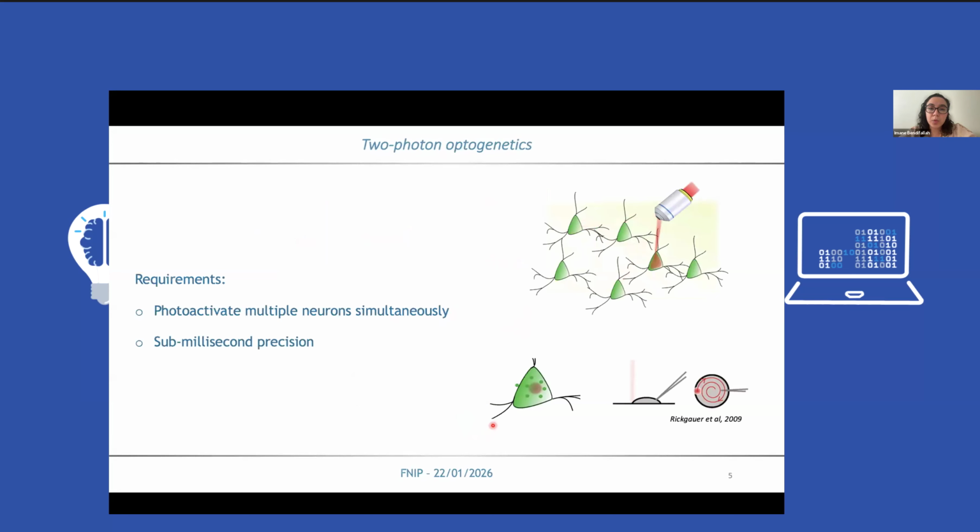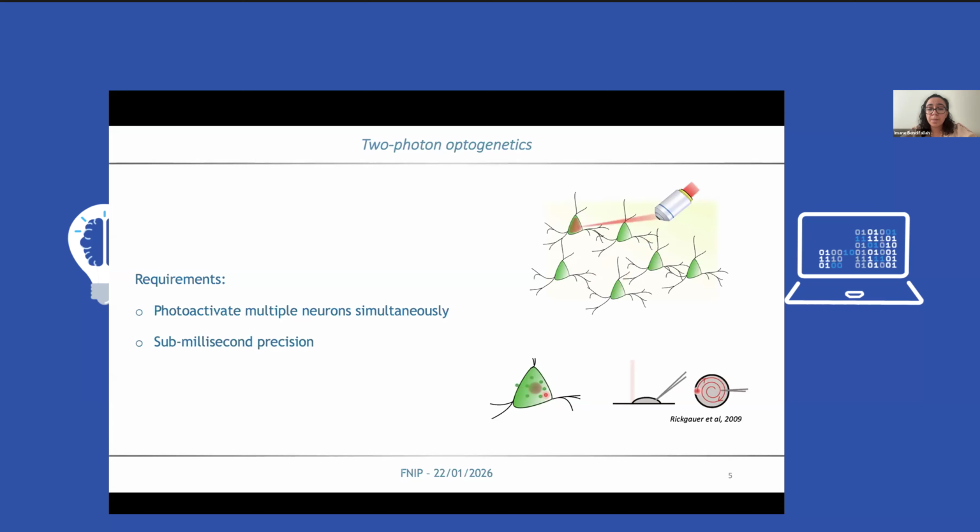To study a neuronal population using two-photon optogenetics, you need to be able to photoactivate or photoinhibit multiple neurons simultaneously and with a very good temporal precision. Unfortunately, the conventional scanning approach does not allow reaching multiple targets on a millisecond time scale.